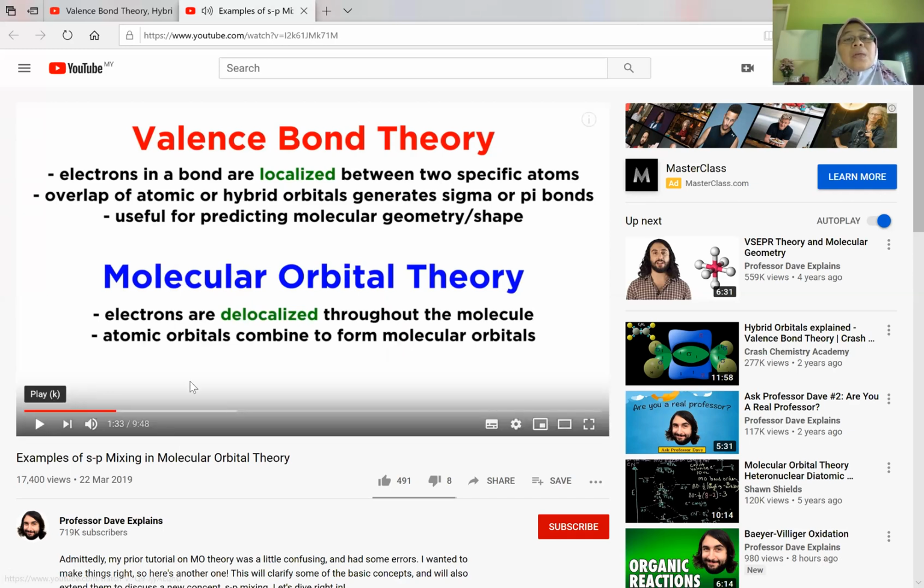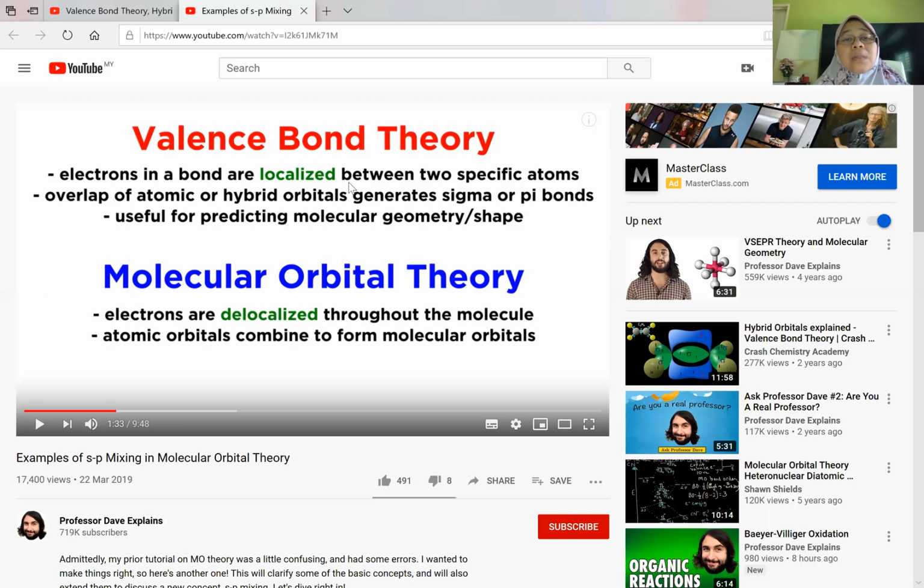Okay, so now valence bond theory explains the overlapping of atomic orbitals, forming hybrid orbitals, and there's probably an overlapping of atomic and hybrid orbitals to form the covalent bond.